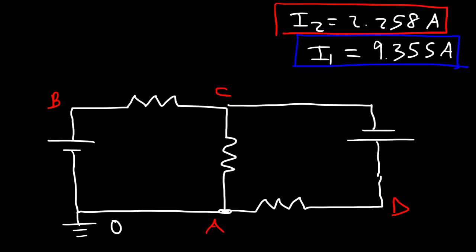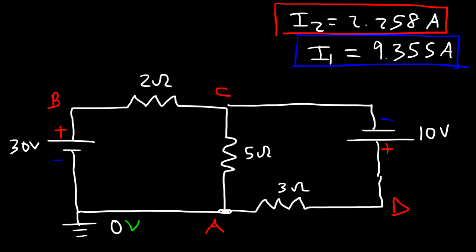Let's say it's at 0 volts. So given the potential at point A, calculate the potential at B, C, and D. Now we know this is 30, and this is 10, and this is a 2 ohm resistor, this is a 5 ohm resistor, and this is a 3 ohm resistor. So go ahead and try it.